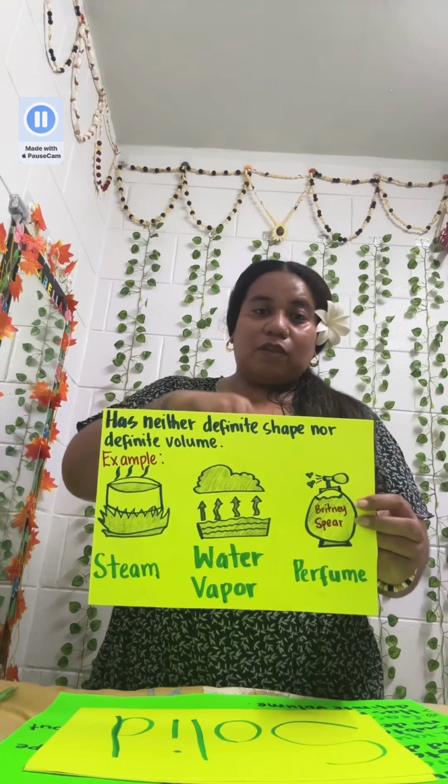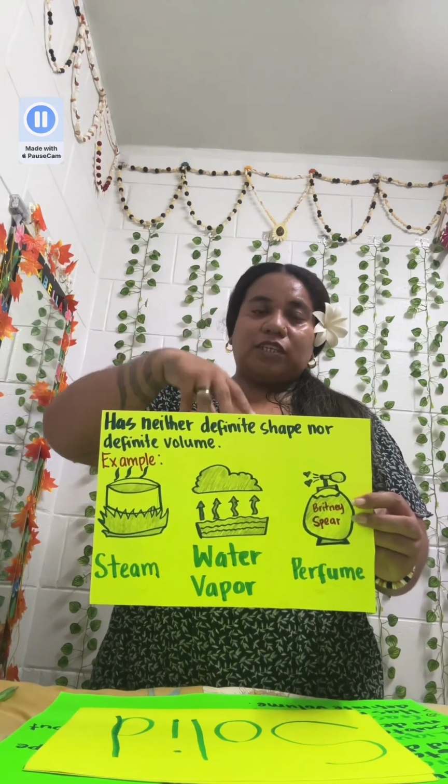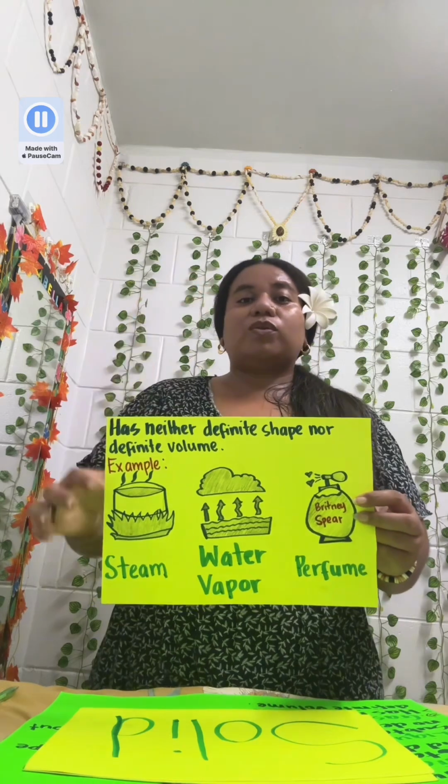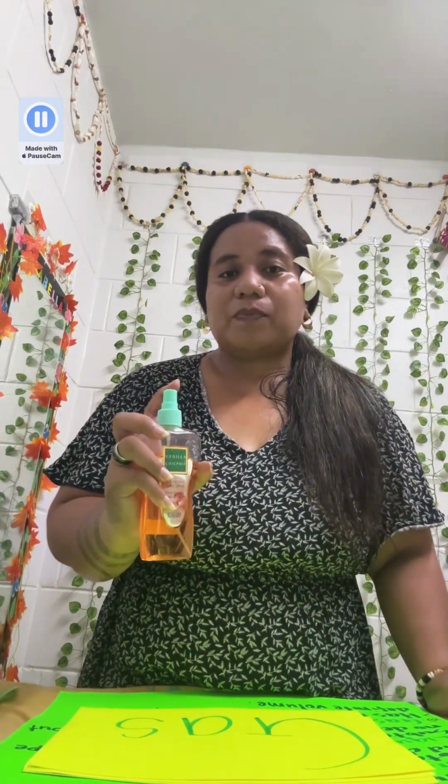As for the water vapor, when the water is evaporating, that is known as gas. And for the last one, perfume. As you can see, I'm holding a perfume. When I spray the perfume, you can see something coming out of it, which is known as gas.